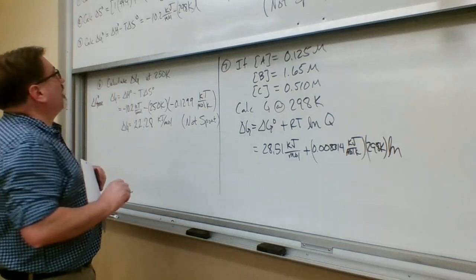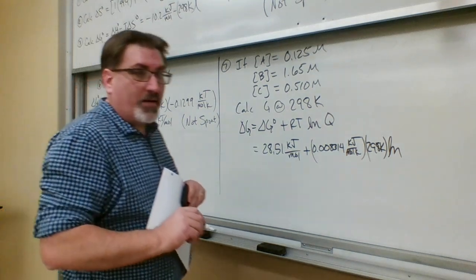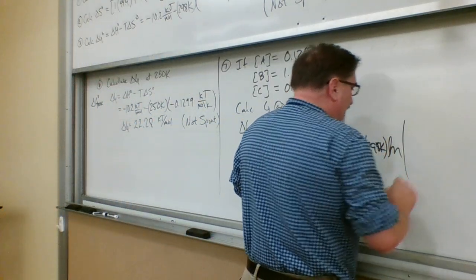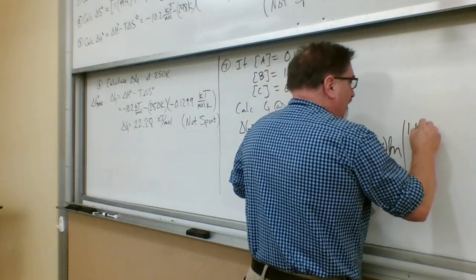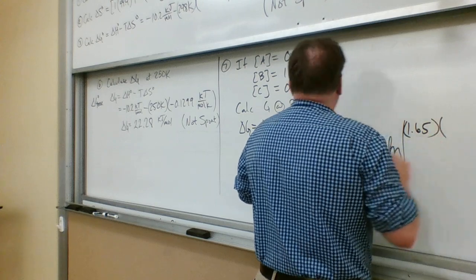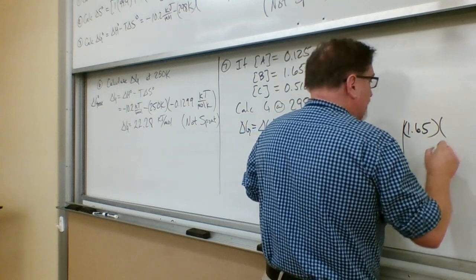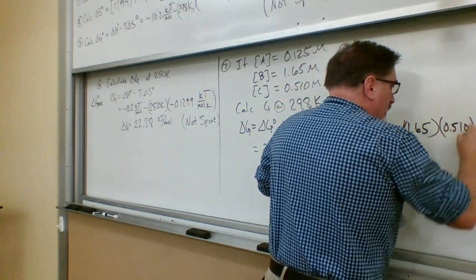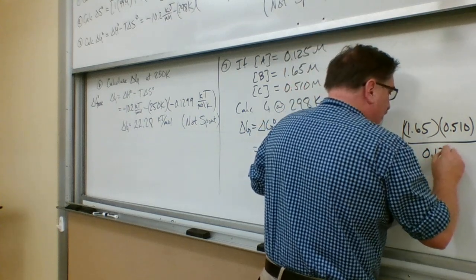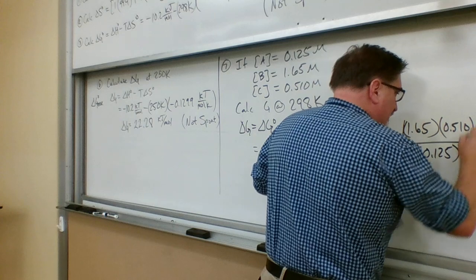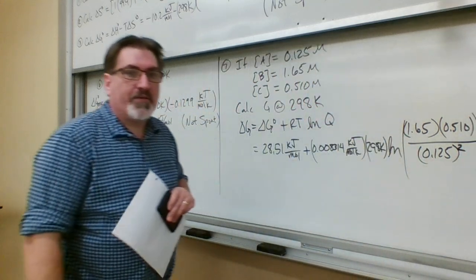Q is products over reactants, BC over A squared. So inside the set of parentheses, we have B, which is 1.65, times C, which was 0.510, all over A, which was 0.125, and that one gets squared because it's got a 2 coefficient over there.